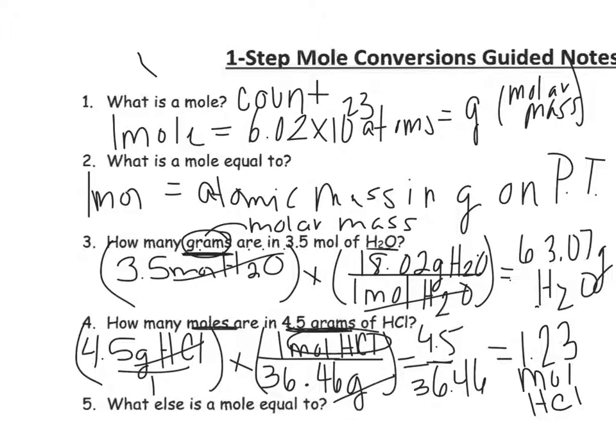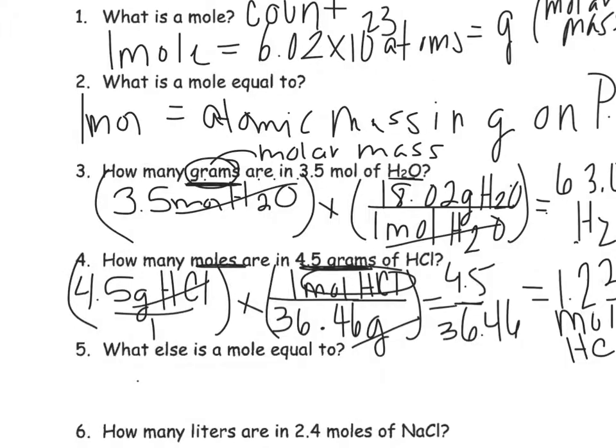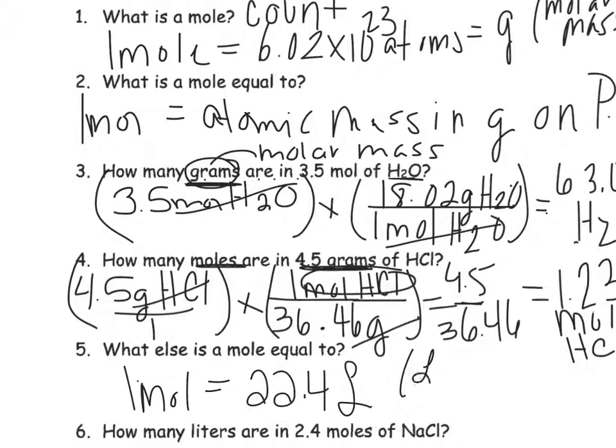Well, not only is it equal to grams, but 1 mole is also equal to 22.4 liters. We usually refer to liters of a gas, but you're learning, so we're also going to use that in terms of liquid too.